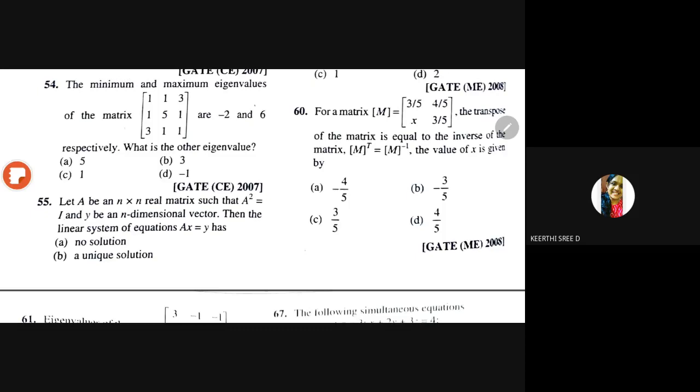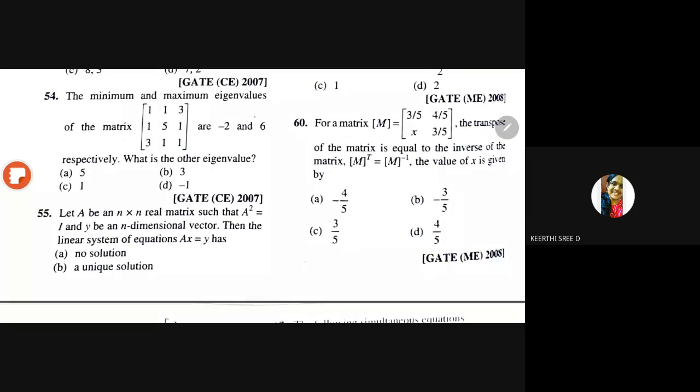M transpose is M inverse, it's an orthogonal matrix, option D. Am I right? Are you saying the same thing? Yes, sir. From that one, you can determine the value of X. The simple one is 3 by 5, X, and 4 by 5, 3 by 5.